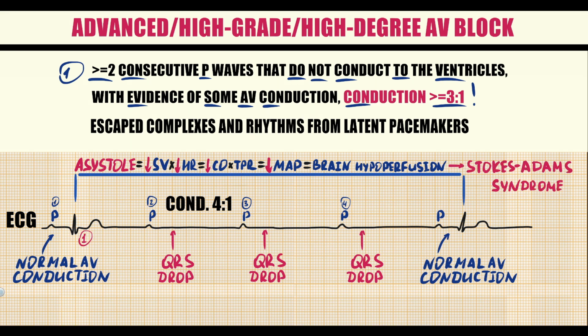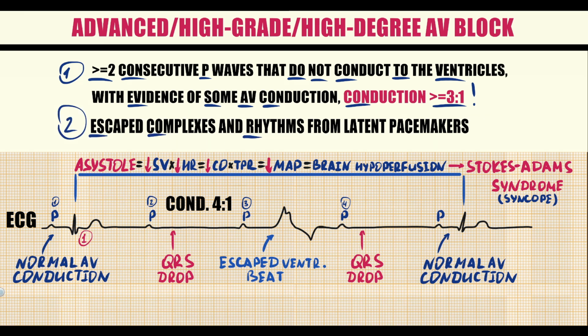Syncope that occurs due to conduction disorder is called Stokes-Adams syndrome. Stokes-Adams syndrome can occur at any block that leads to low heart rate or long asystole period. It should be noted that escape rhythms from the latent pacemakers can arise inside the pause.